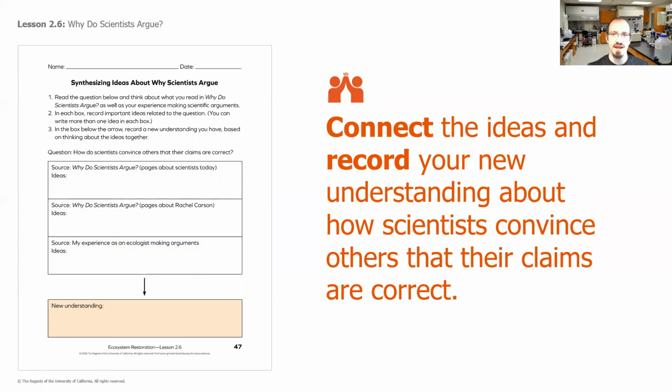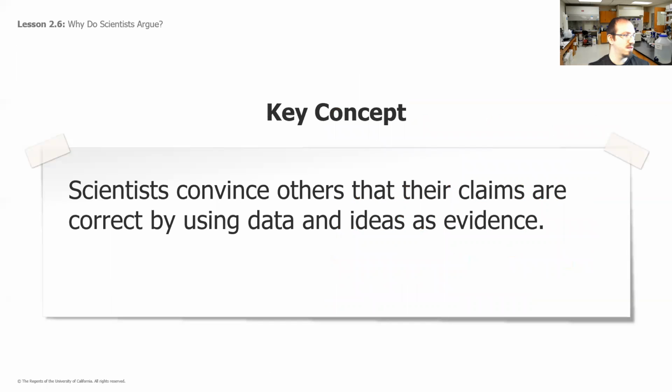Next, we want to go ahead and connect the ideas and record a new understanding about how scientists convince others their claims are correct. So, how is it that we can convince other scientists that our claims are correct? Okay, and you should have gotten something similar to this, right?